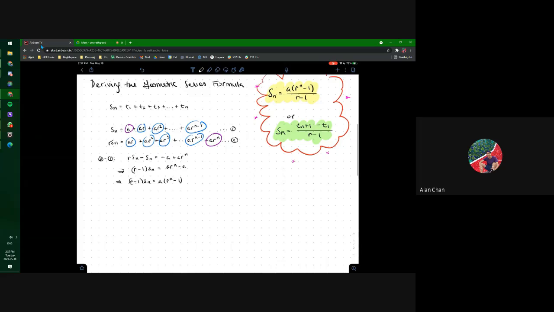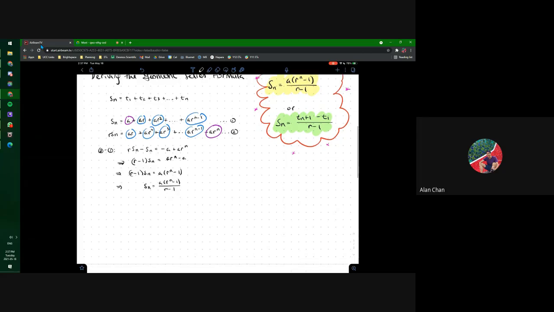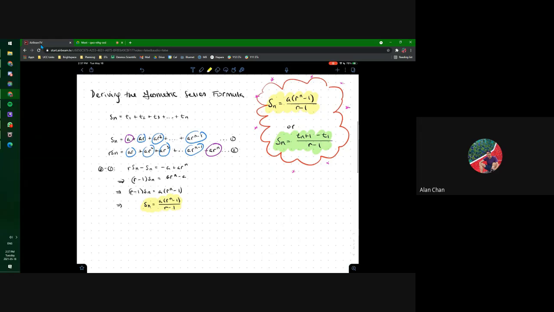And now you can see that if I rearrange this, divide both sides by r minus 1, we get this beast over here. Again, not a very fun process, not very intuitive trying to get there, but hopefully you can see that this derivation is how we derive the yellow formula.